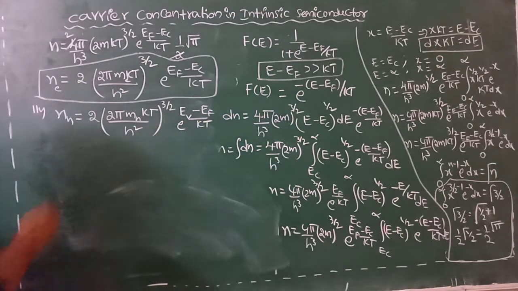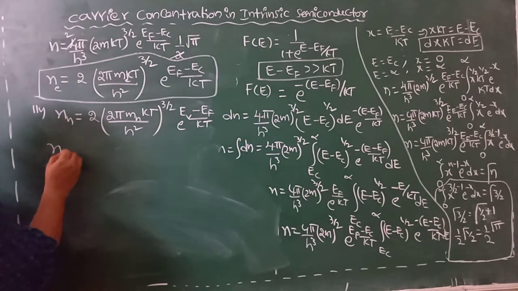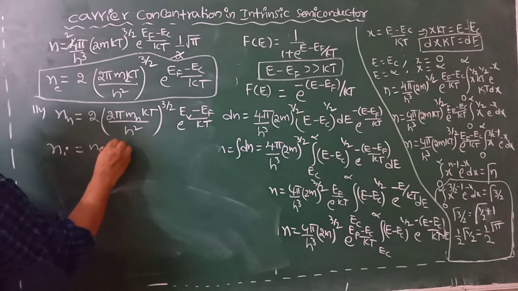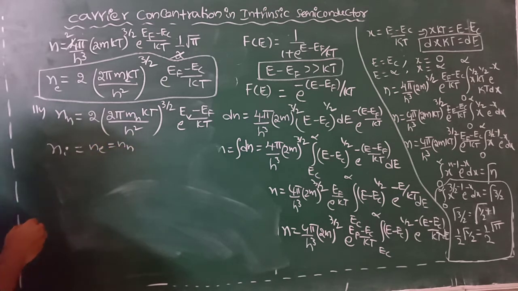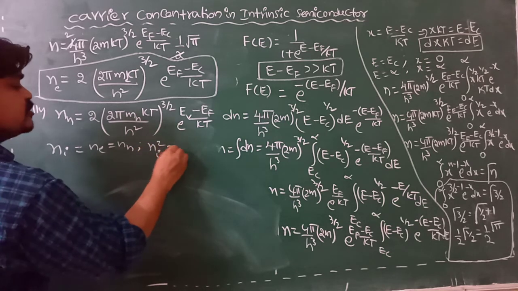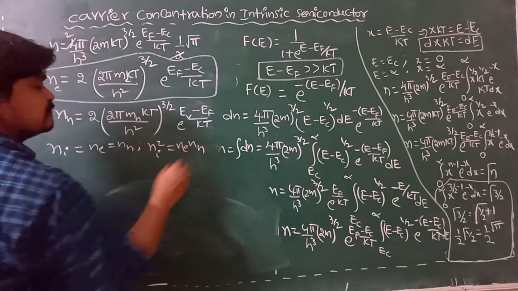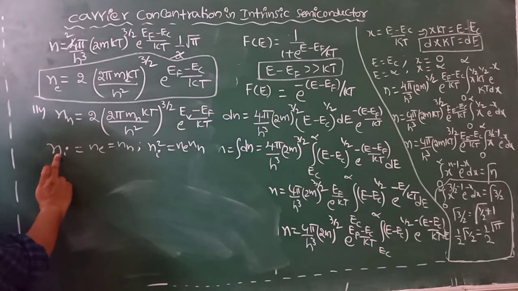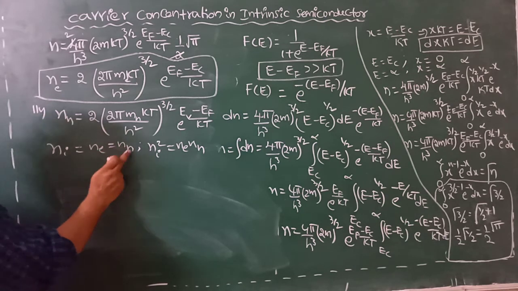So already we know that the number of electrons is equal to the number of holes. That is, Ni is equal to Ne is equal to Nh. So similarly, Ni square is equal to Ne into Nh.